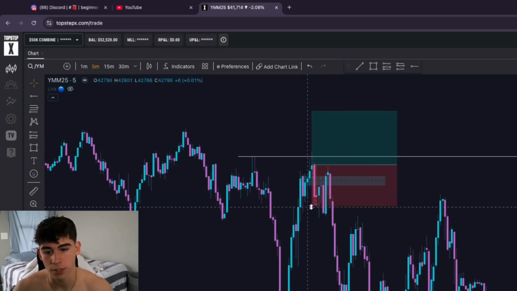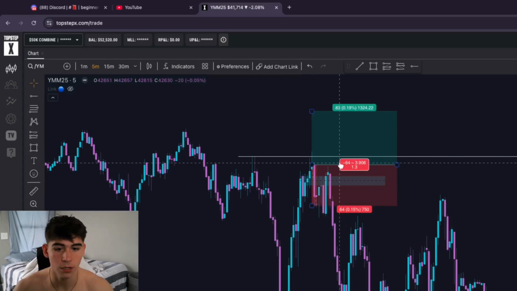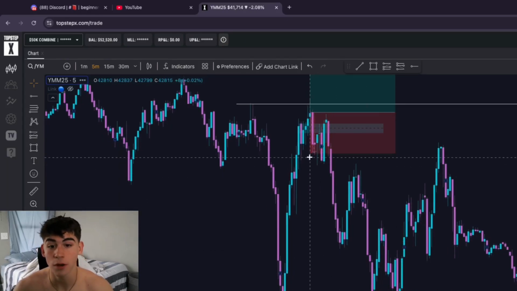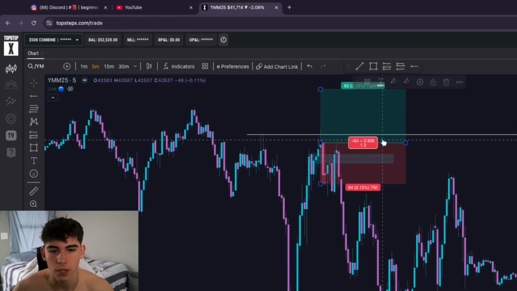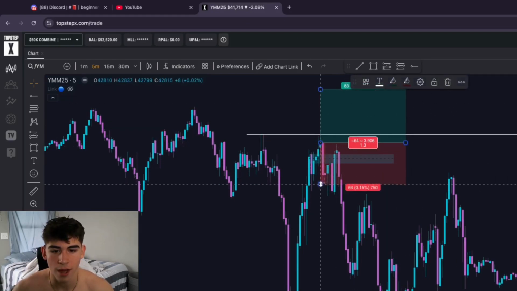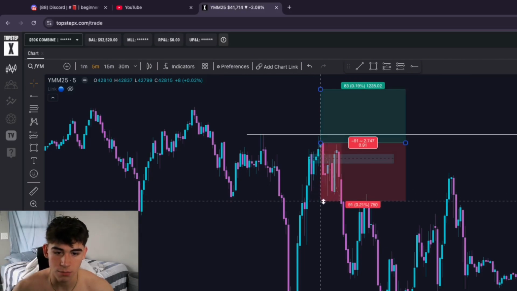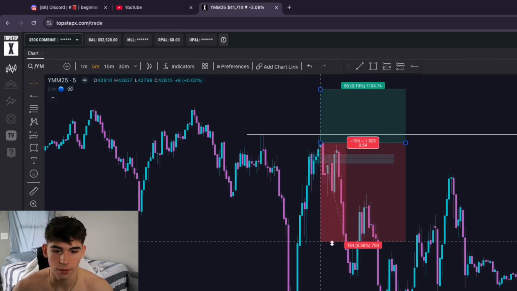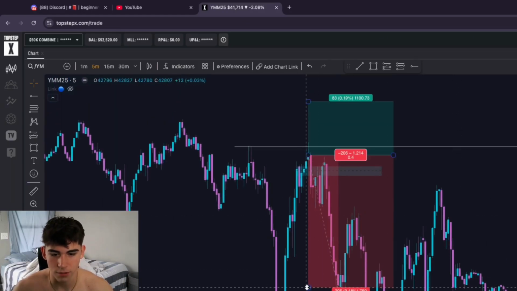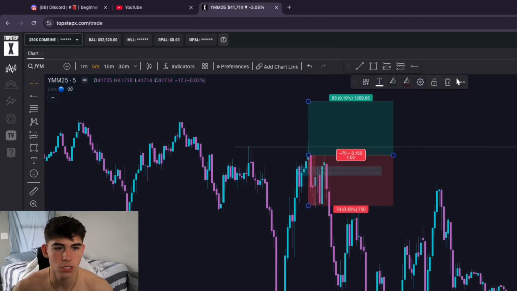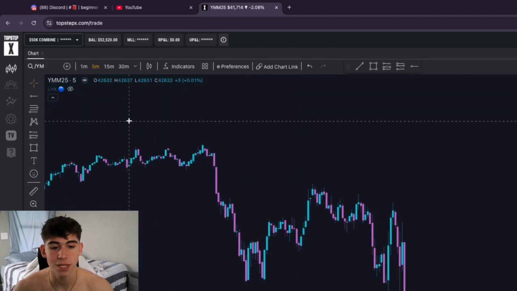If you don't have a stop loss and you're just betting that it's going to go up, you'll have a $500 risk here, and it just keeps on going down and down and down. Now you're losing $2,000 instead of $500. So it helps you minimize your losses and keep your risk management in check.